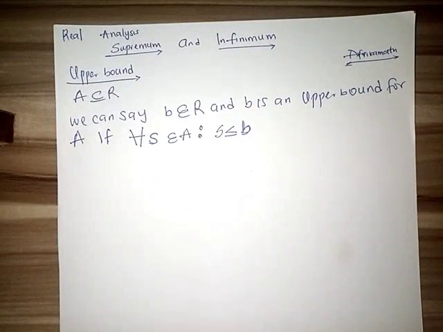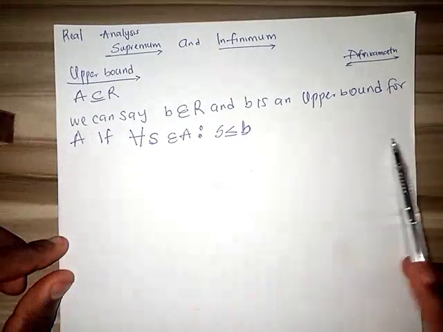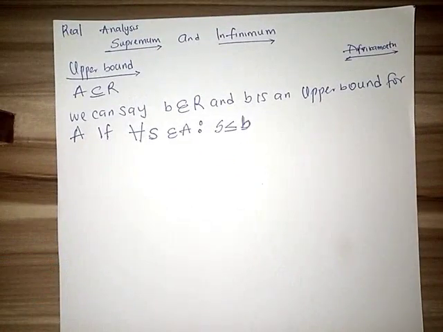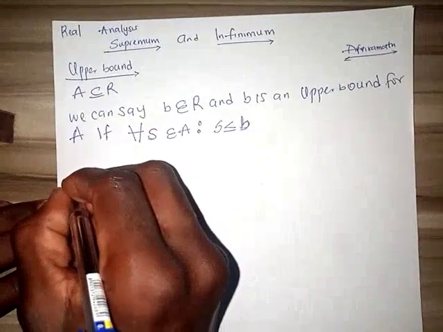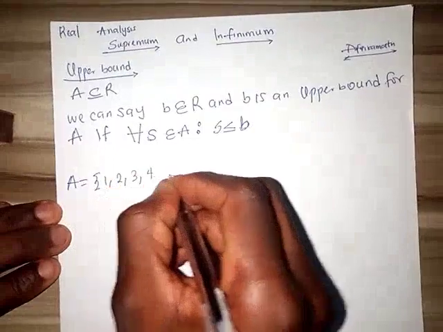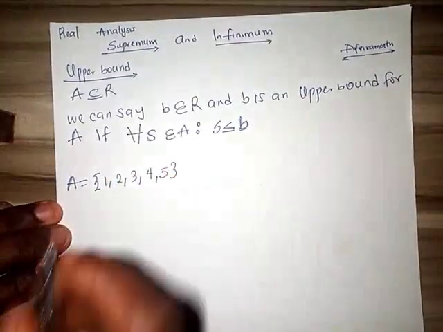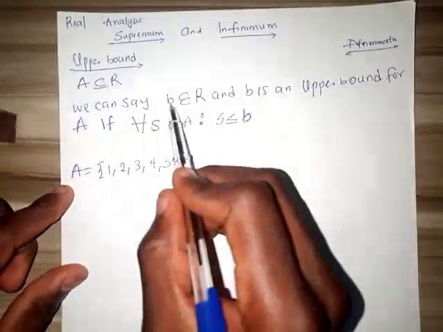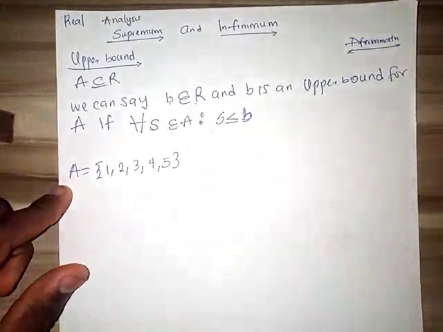Now, let me use an example to explain this. We have already given a formal definition of upper bounds. Now, we'll use one example to explain what it really means. Let A equal 1, 2, 3, 4, 5. Now, we said B is a member of real numbers. Don't forget that all these are part of real numbers and also part of natural numbers.